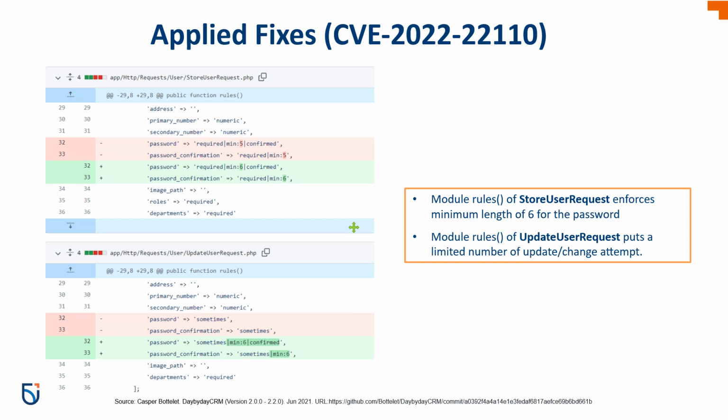Later, it changed it to 5 characters first, and then finally changed to 6 minimum characters. For the function rule of update user request, it put a limited number of update and change attempts to 6. But before this was done, you will notice that on line 32 and 33 of the function rule of update user request, there was unlimited number of login change attempts, but now it's been updated to a minimum of 6.